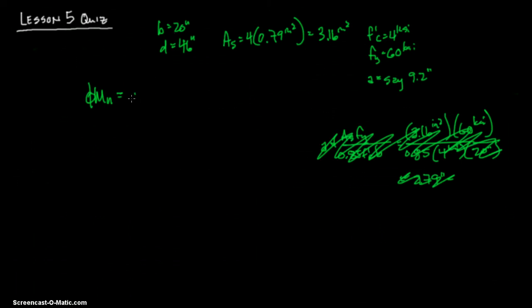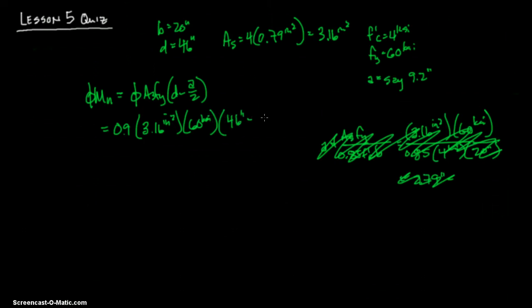But anyways, phi Mn equals phi As Fy times (d minus a over 2). Remember, you divide by 12 because we want foot kips. So let's go down here. 0.9 times As, which is 3.16 inches squared, times 60 KSI, times (D, which is 46 inches, minus 9.2 inches divided by 2), all divided by 12.